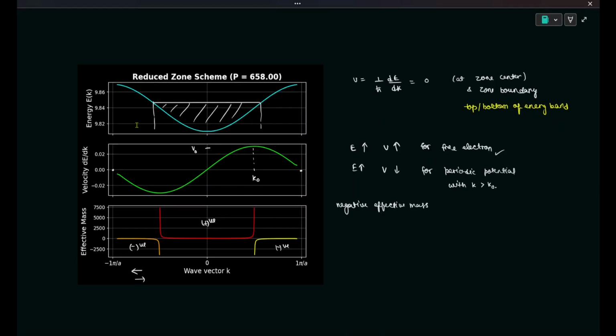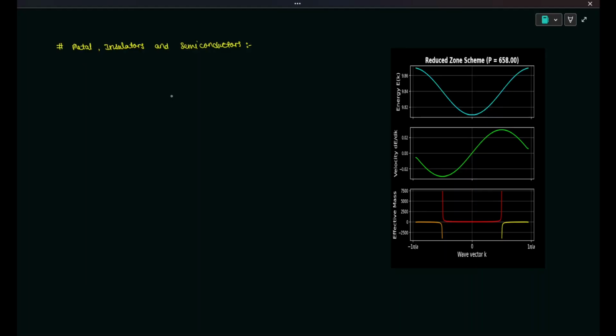Now let's see the differences between metals, insulators and semiconductors based on this band theory of solids. In order to distinguish between them, we are going to consider this energy band which is filled with electrons up to a certain energy value, given by the inflection point, this k value, k1. So the electrons are only in between this range.